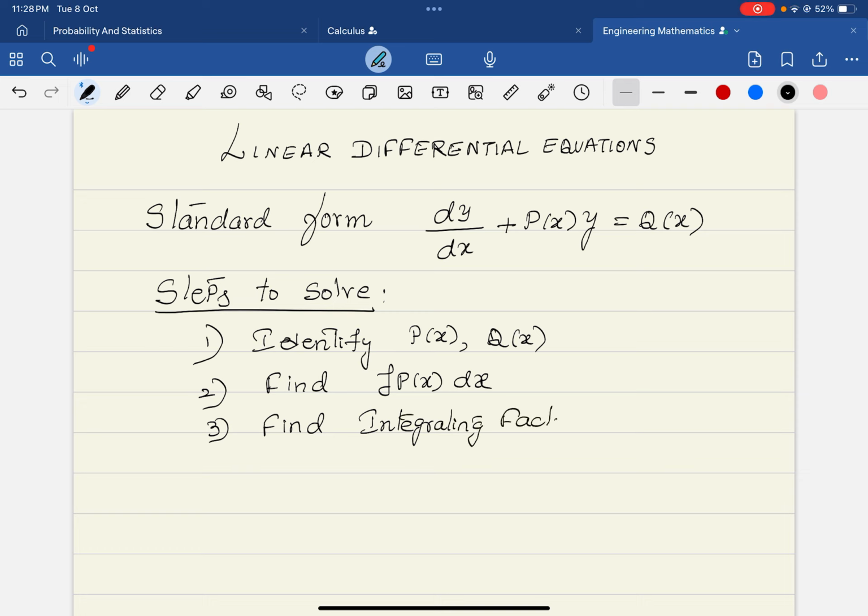Integrating factor. What is the integrating factor? It is given by e raised to integral of p of x dx. This is the integrating factor. And now you write down the solution.